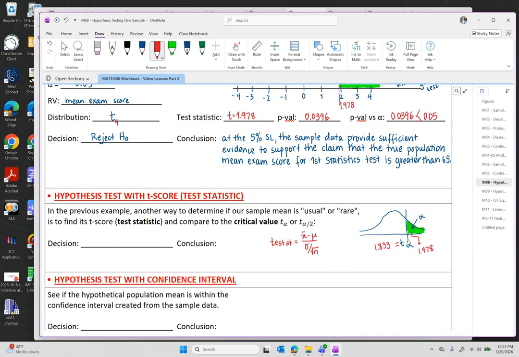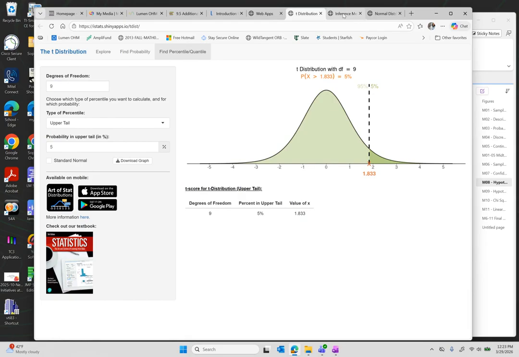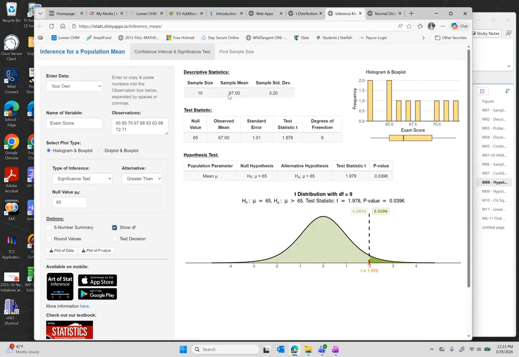So my x bar would be the mean of the test scores. And again, in the inference for the mean, it told us that the sample mean ended up being a 67. So Art of Stat actually did this math. Our theoretical mean was the null value, which is a 65, and the sample standard deviation was 3.20, but the standard error ended up being 1.01 because it was 3.20 divided by the square root of 10.